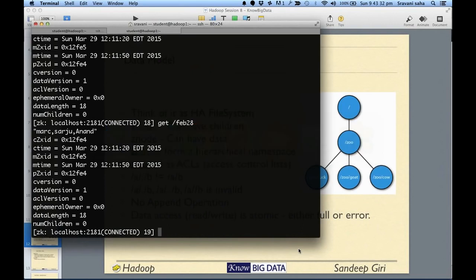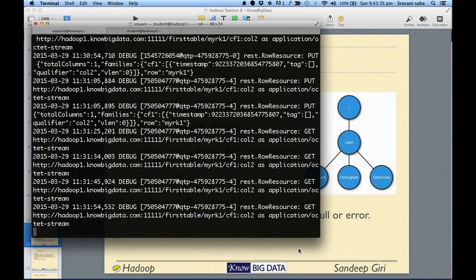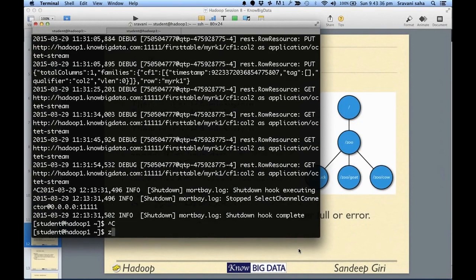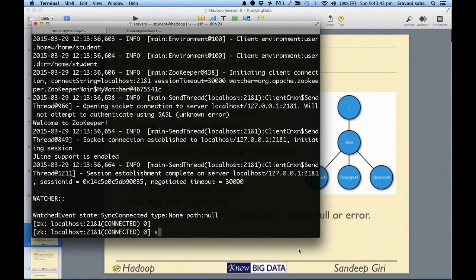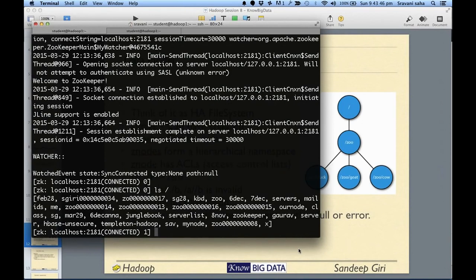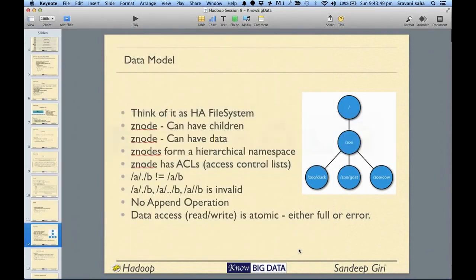So if you also log in in parallel from different machines, you can easily run the zookeeper client, right? Here it starts with 1. All right, good. Also, there is no such thing called an update operation.